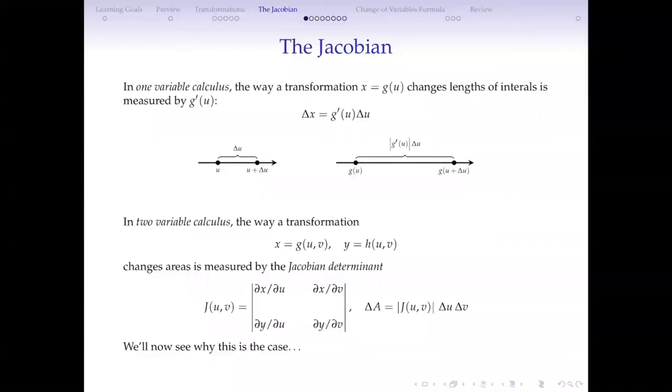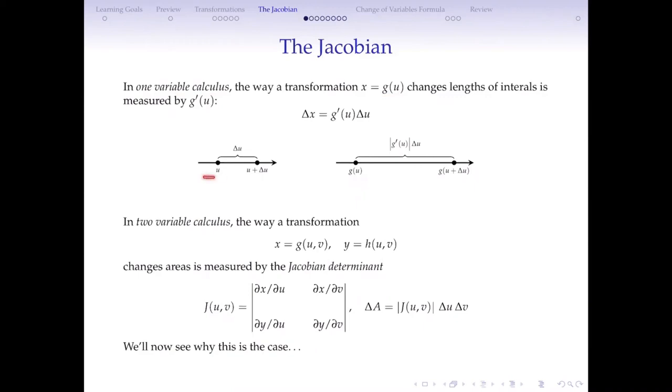Now, as promised, I'd like to introduce this new derivative, the Jacobian, for a transformation that measures how areas change under the transformation. So let me remind you that in one variable calculus, if I make a transformation x equals g of u, I can calculate using the derivative of the transformation g how lengths change.